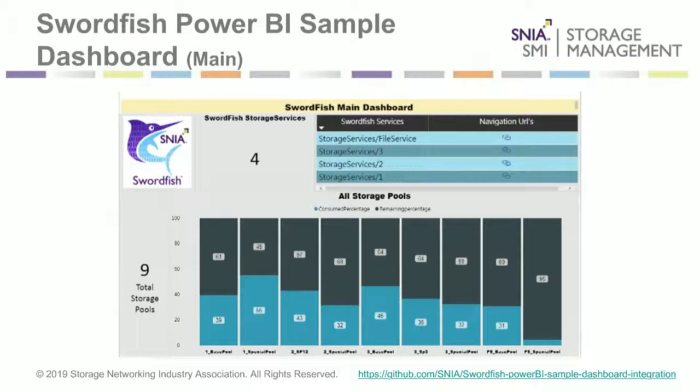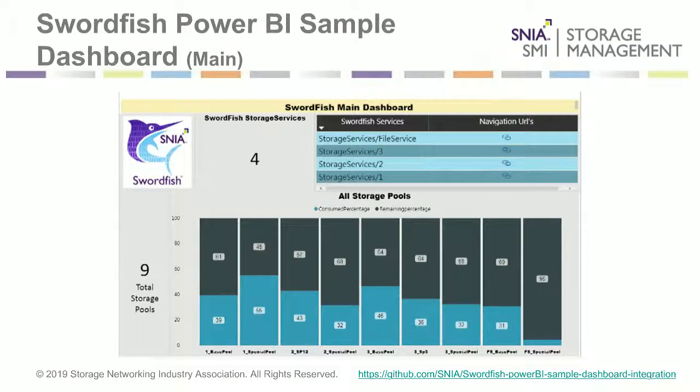Power BI, on what we're showing here, was monitoring a situation where there were 4 storage services, and across those 4 storage services, there were 9 storage pools. And you're getting stats here about each of the different storage pools.